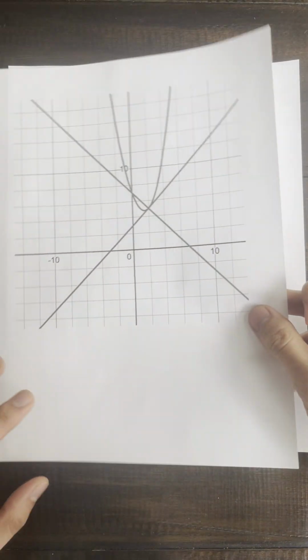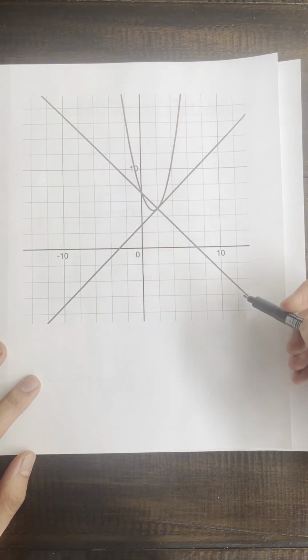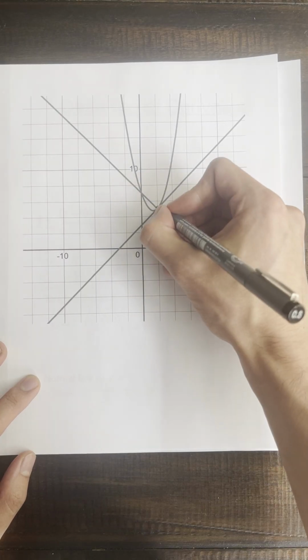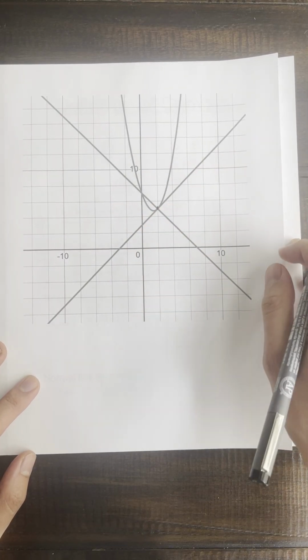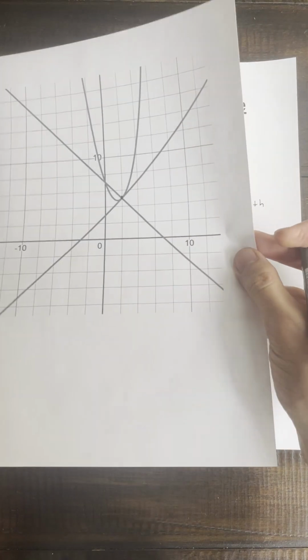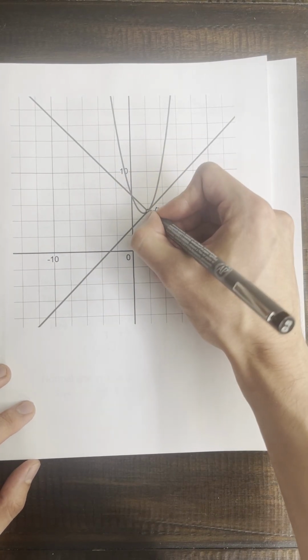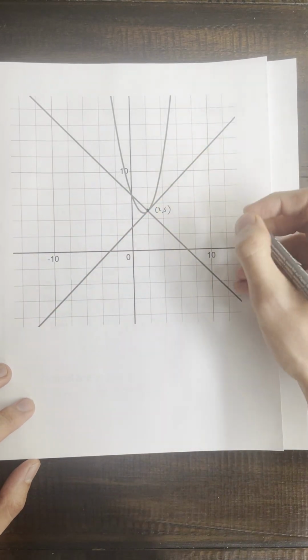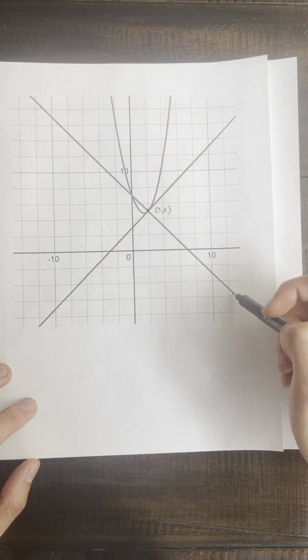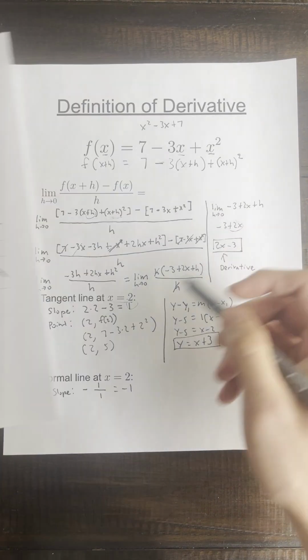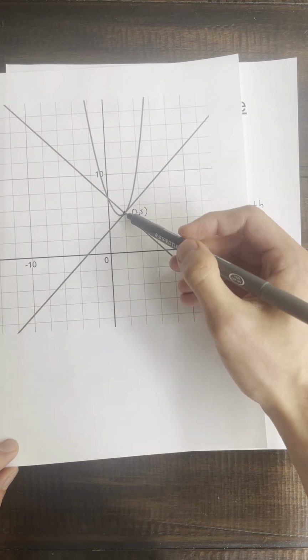Also, since the normal line goes through that same point, we can reuse it. Here, I'll just label it. Since we used this earlier for the tangent line, this line also goes through it. We figured out the slope. We also know that it goes through this point.